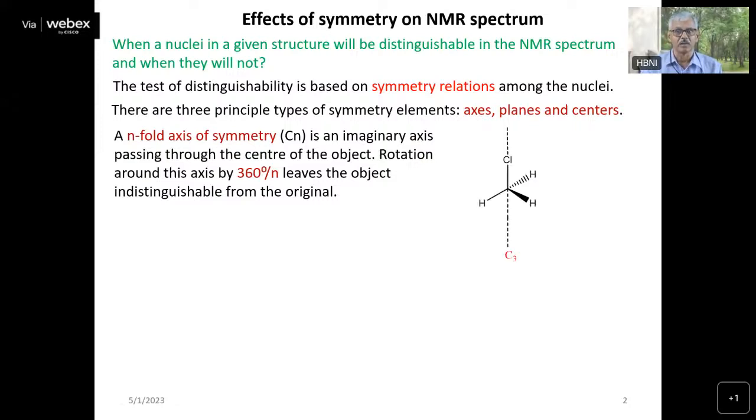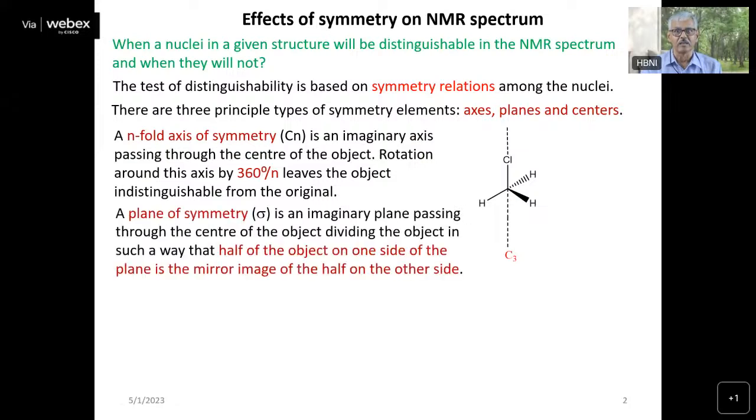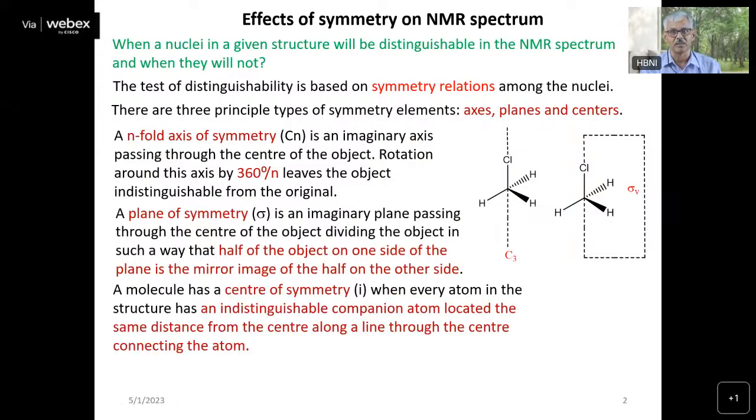About the center of symmetry, and then the axis of symmetry, and then the plane of symmetry. You can see the examples also, CH3Cl and CH2Cl2. In the former case you have a C3 axis, in the other case you have a sigma V, and then you will see the center of symmetry.